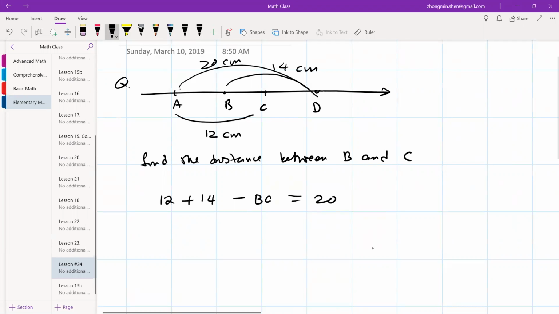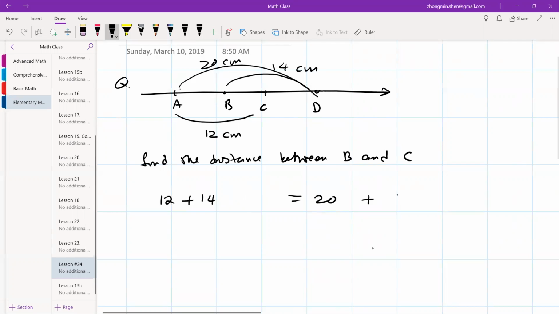Okay, so this is kind of the question. You can also think about it the following way. If we add them together, 12 plus 14 is much larger than 20, but because there's an overlap part.